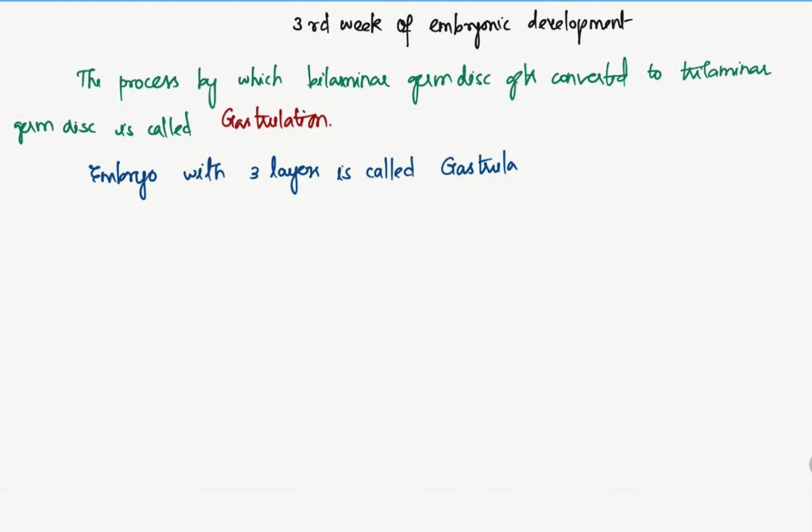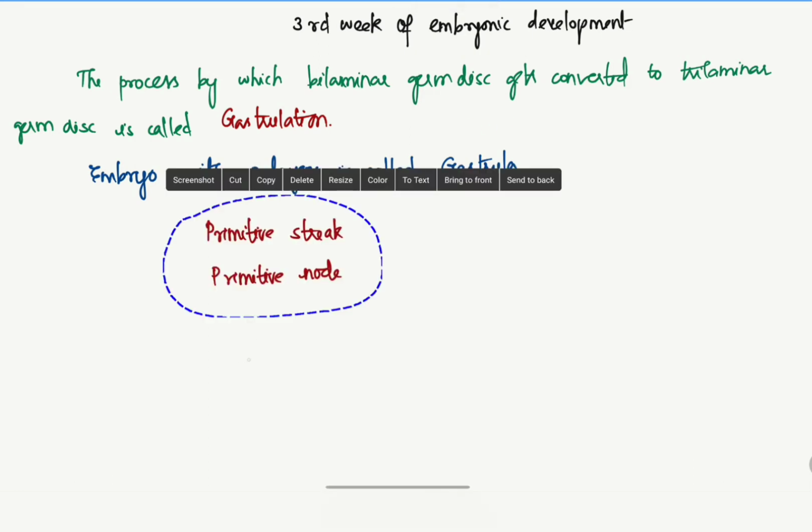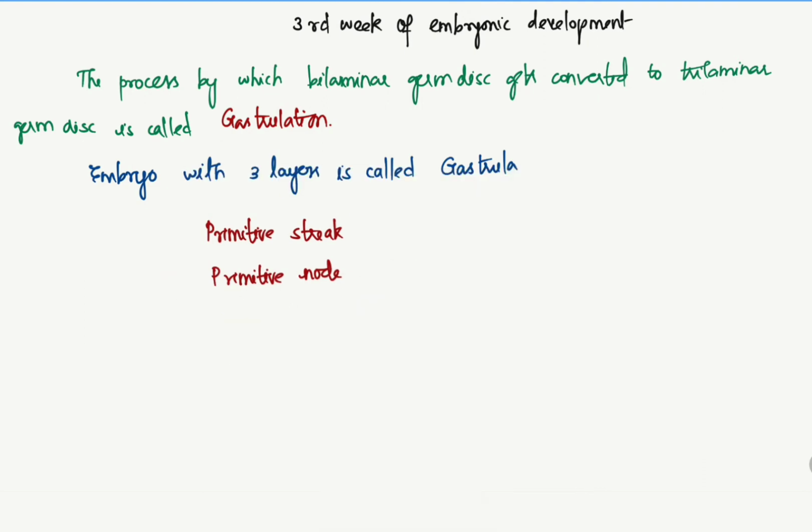It is worthwhile to know about the primitive streak and primitive node before entering into the process of gastrulation.